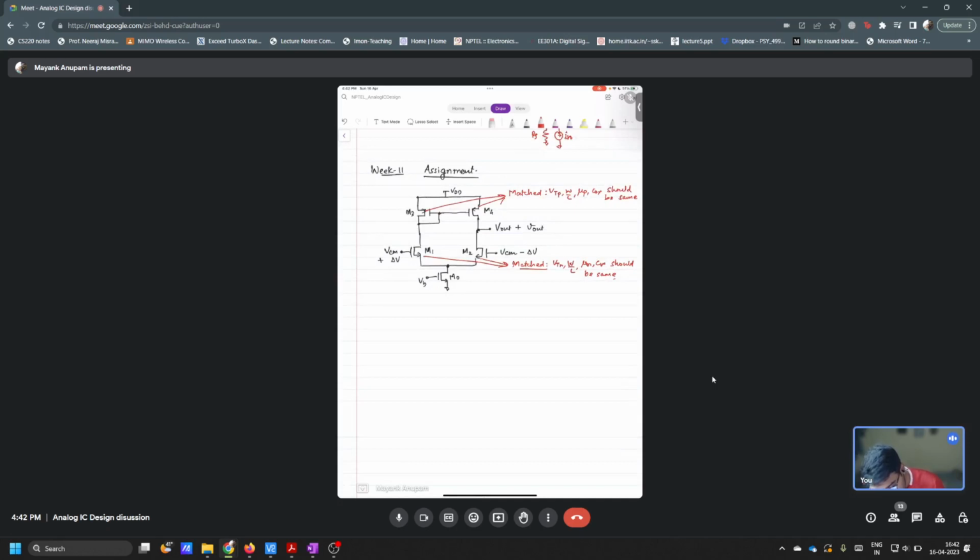when they are matched, what happens? You see that the overdrive here is the same, right? I mean in the bias condition at least. When delta V is not there, you see that the overdrive and VGS here and VGS here are exactly the same, right? Similarly, VGS here and VGS here are exactly the same, correct?